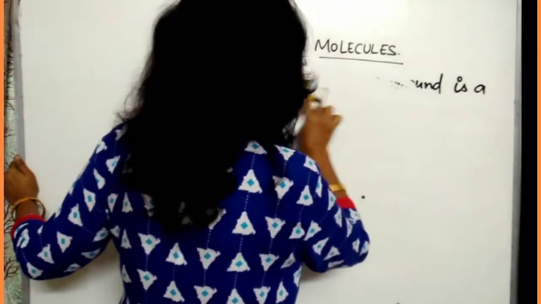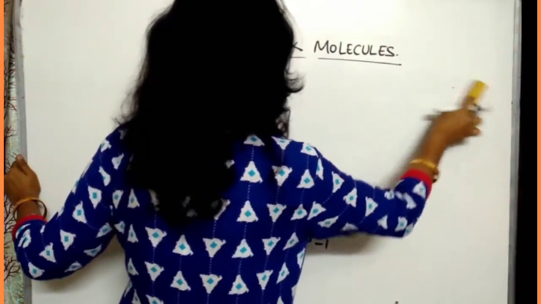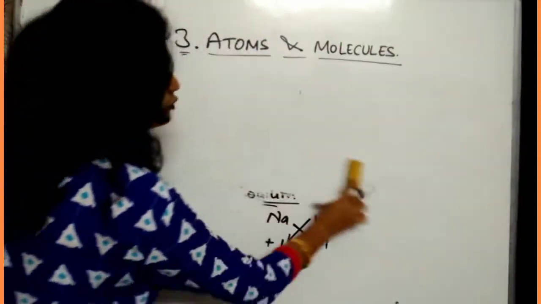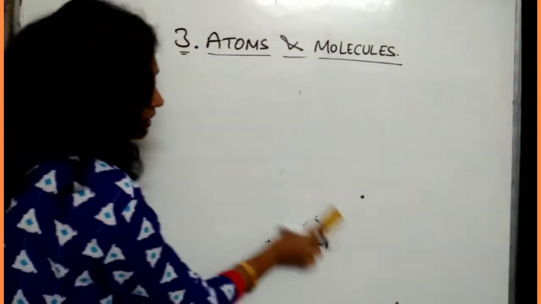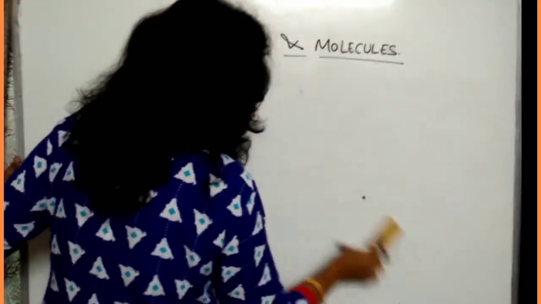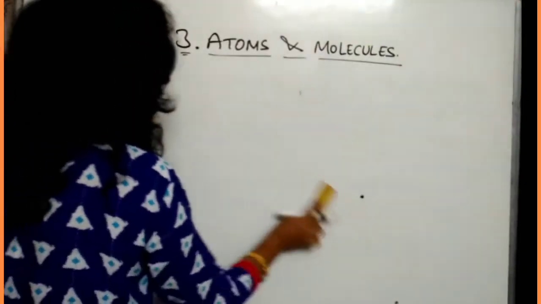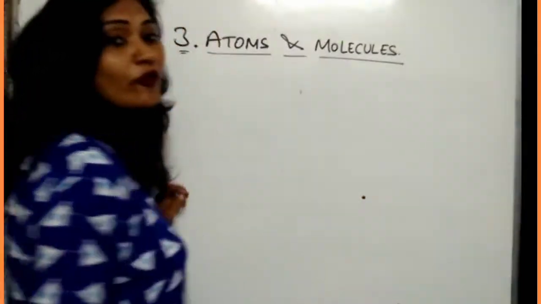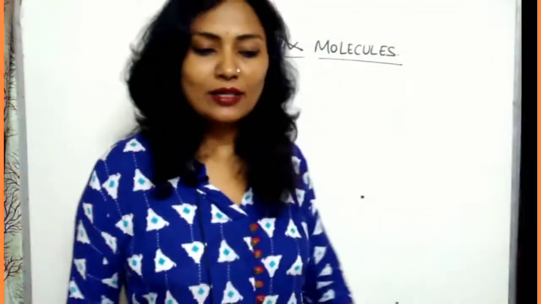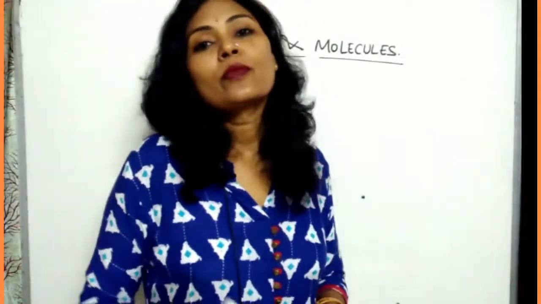The formula of ammonia is NH3. Some formulas you have to learn also, like methane. Methane is CH4. Okay. And some compounds have a common name as well as a chemical name also.